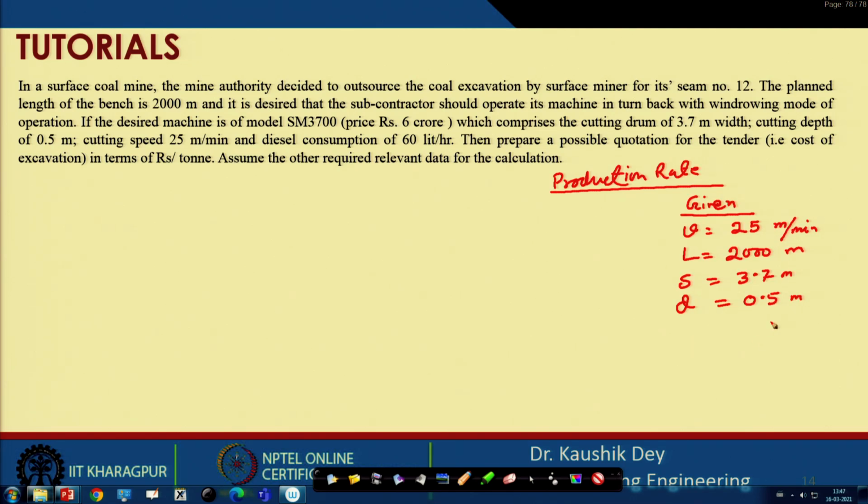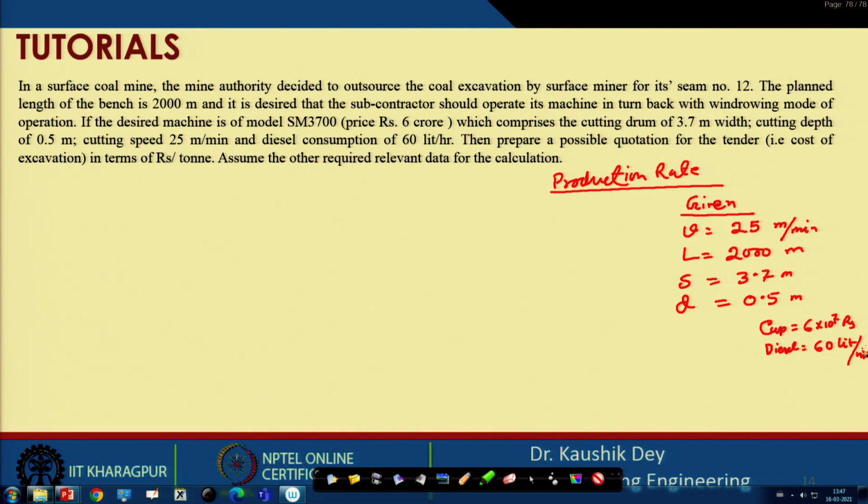A few data are given pertaining to cost: capital cost is 6 into 10 to the power 7 rupees, and sorry, it is not diesel price, diesel consumption is given as 60 liter per hour.